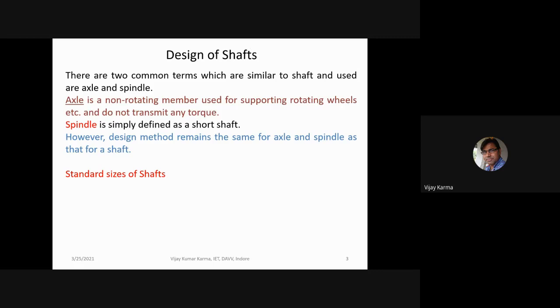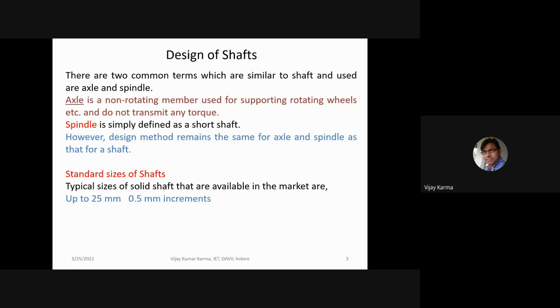Now the shafts are manufactured in standard sizes which are available in the market. The standard sizes of the shafts are up to 25 mm, with 0.5 mm increment.